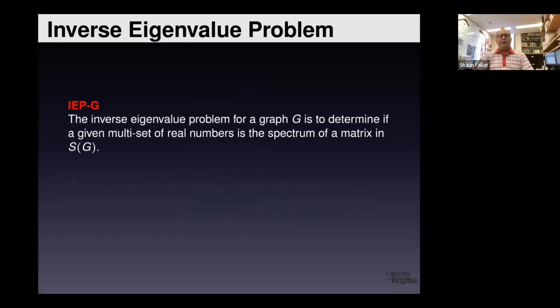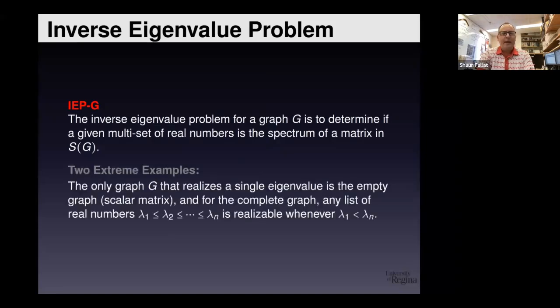And one of the big problems in this arena is the inverse eigenvalue problem of a graph, where you're handed a graph, and then you want to ask yourself, what are all the possible eigenvalues that are realized by the class S of G? And somehow you want to be able to determine that list of spectra without explicitly writing down all the spectra and all the matrices, naturally.